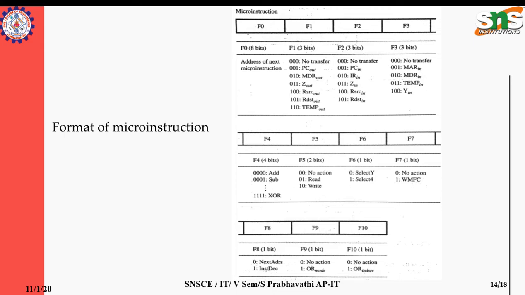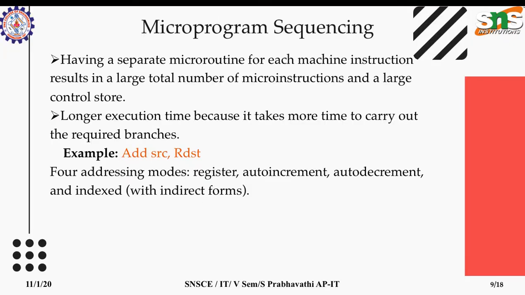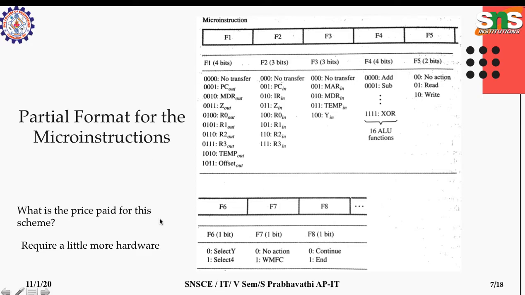Before that, we will have a look at the format of the micro instruction, which has changed a bit compared to the previous format we have seen. I'll take you there. See here, this is the partial format of micro instructions we have covered already.